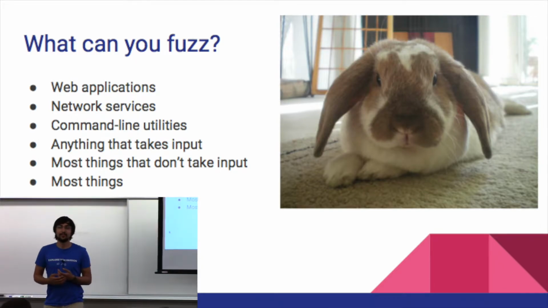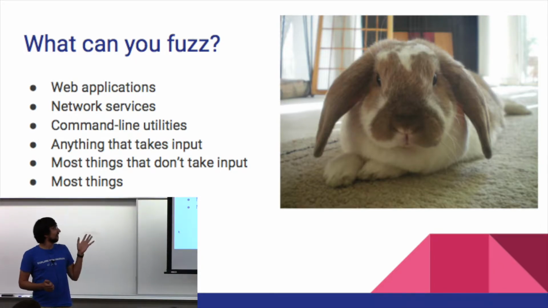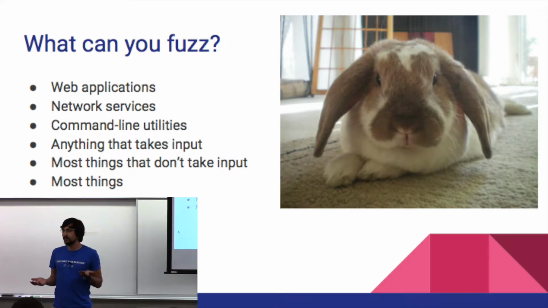So what can we fuzz? We can fuzz basically anything that takes input and a lot of things that don't take input. I saw a really cool setup once, which was a controller connected to a bunch of little embedded devices, each of which had a small buffer of memory. The controller's job was to sweep through and collect that data every 300 milliseconds or so.